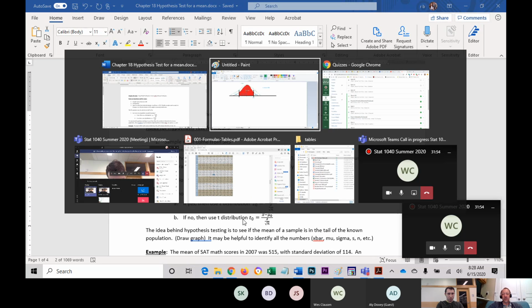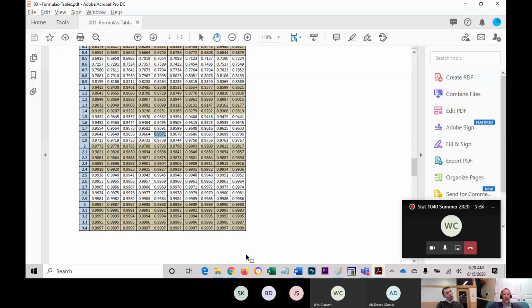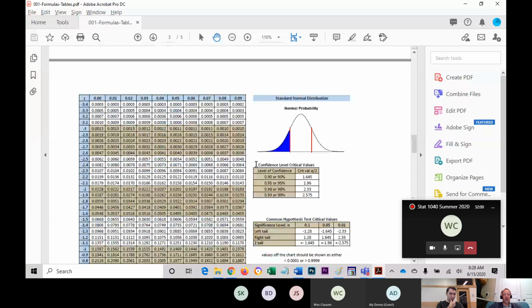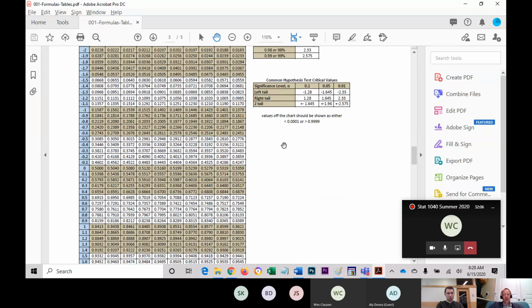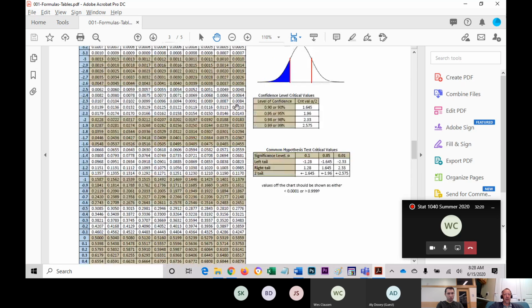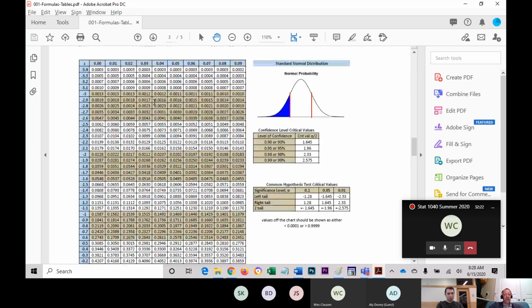And I guess I should also mention the chart, okay? So remember here, you've got your normal distribution and it measures area to the left. With your t distribution, it measures your area to the right. Now, one of the interesting things about it is, this chart is going to be very different from your z chart.